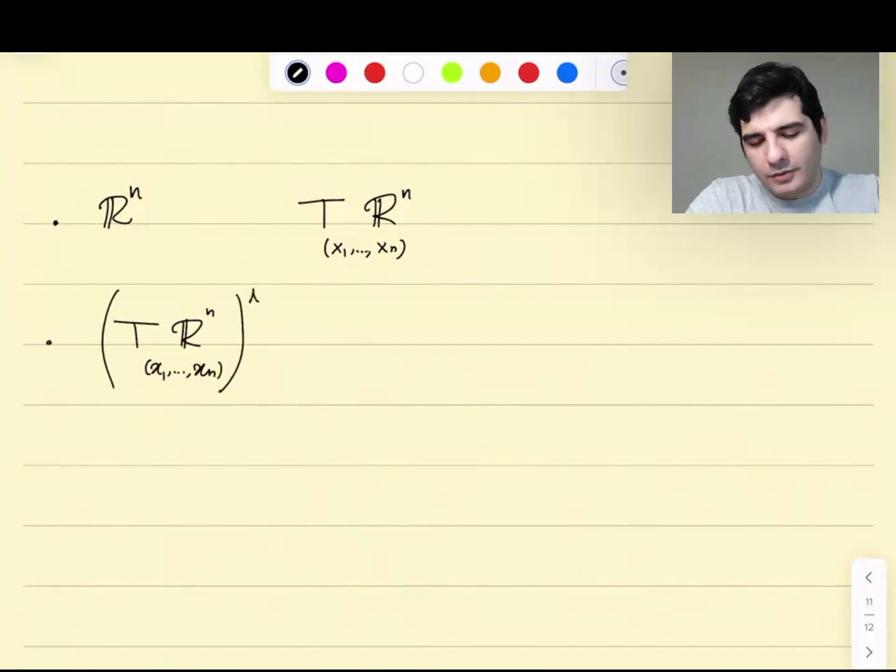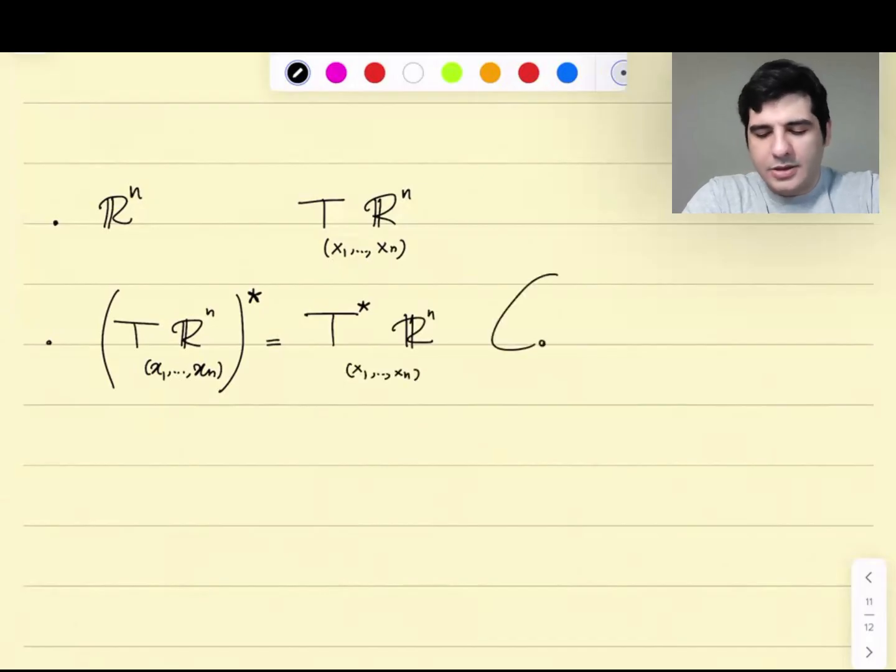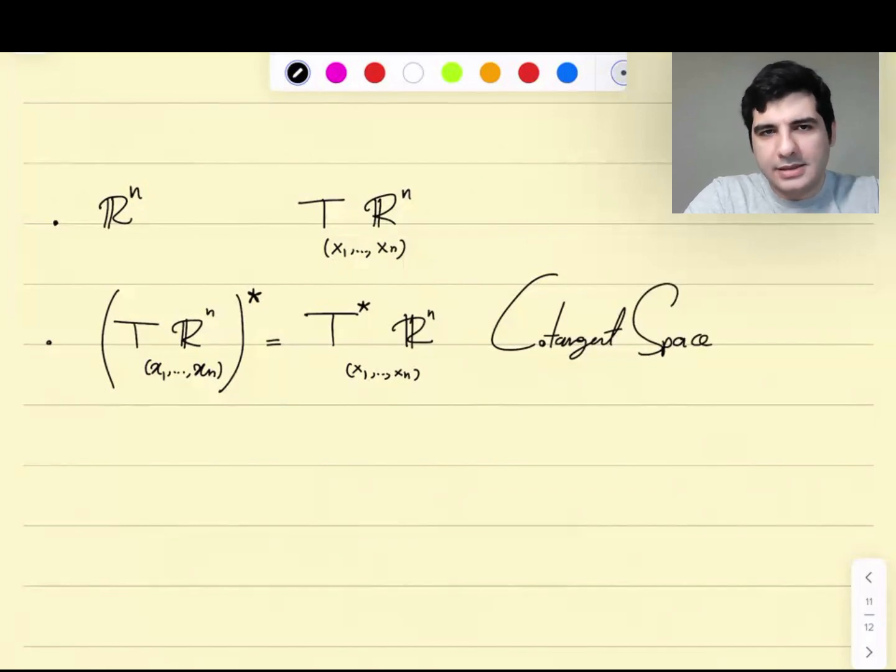So it's the dual of this space. Sometimes it's denoted by T star of Rn at x1 up to xn, and it's usually called the cotangent space of Rn at the point x1 up to xn.